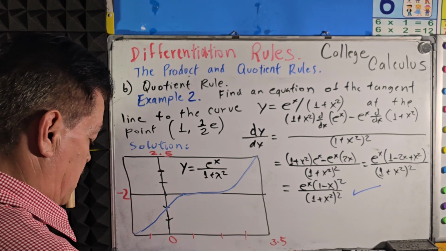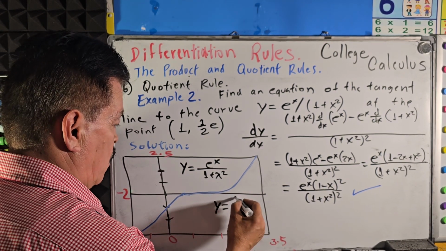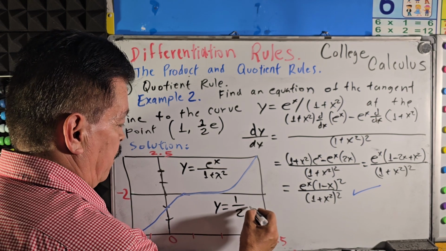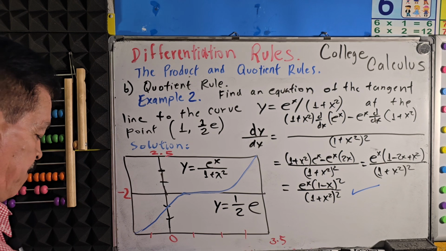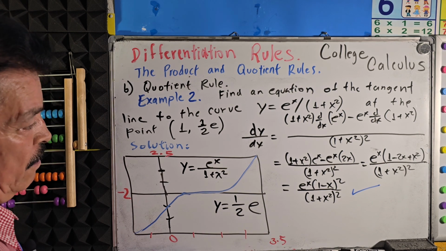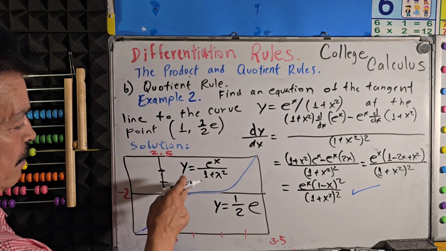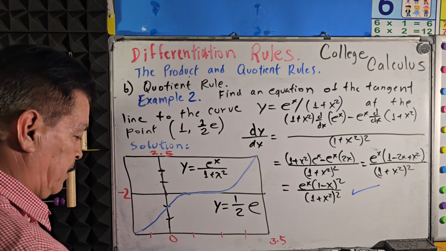And then here we will have y equals 1/2 e. So this is the graph of the problem, running like this.